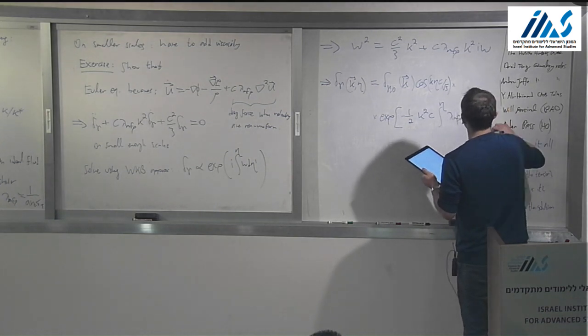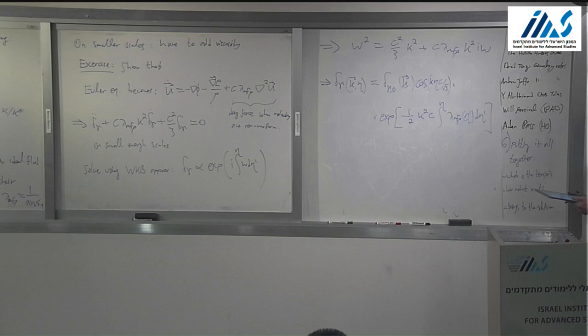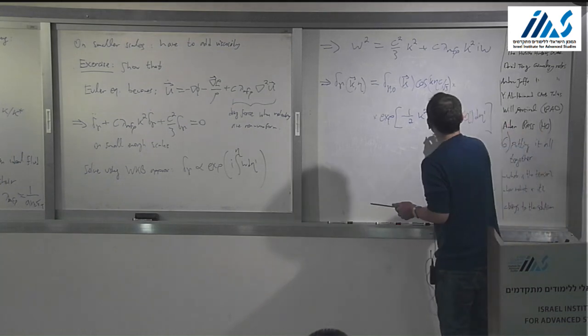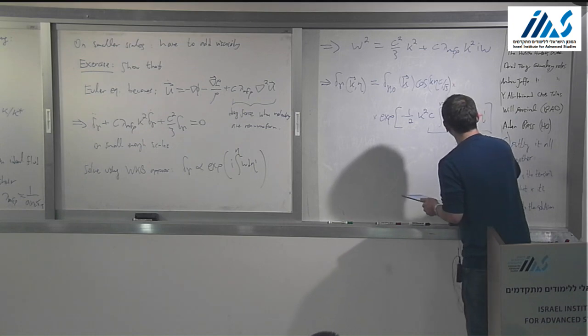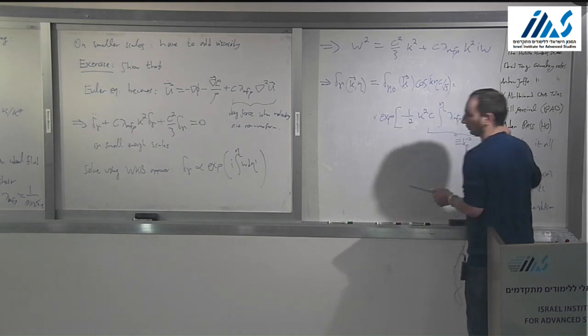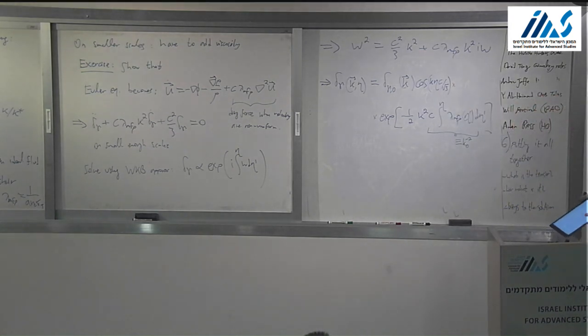Okay? Now I define this as k_D to the minus 2, inverse k_D squared.